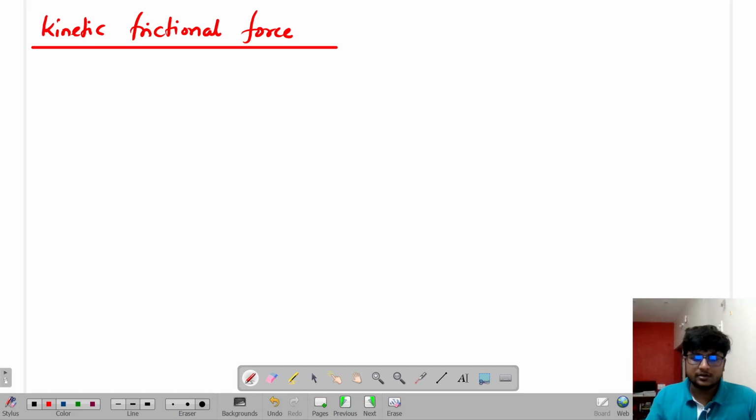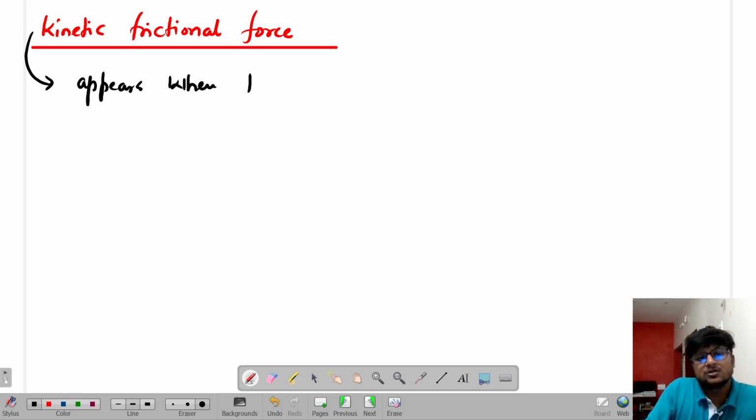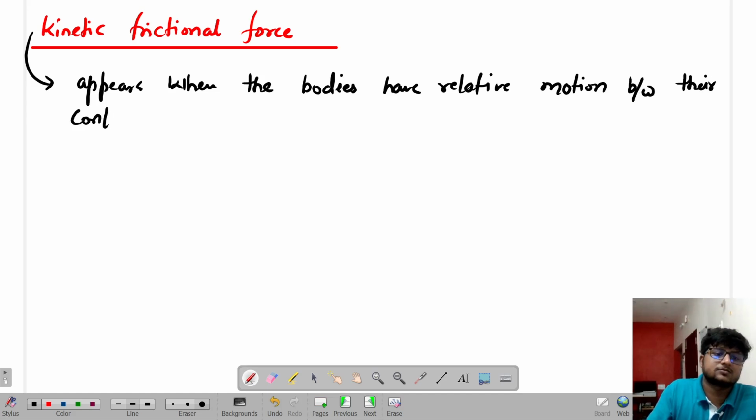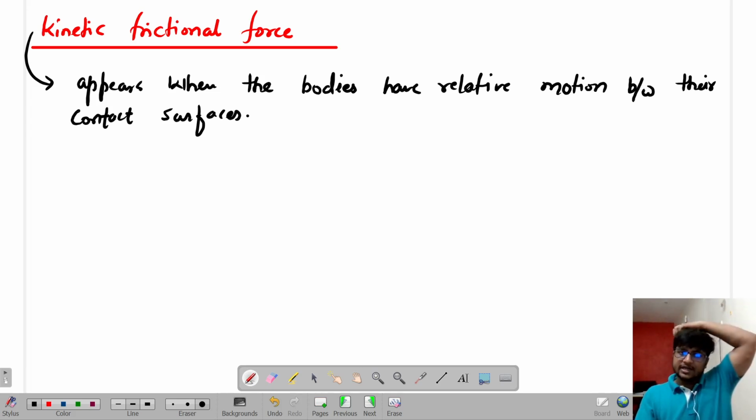Okay, and this kinetic frictional force first of all appears when the bodies have relative motion between their contact surfaces. Between which kind of surfaces? Contact surfaces.